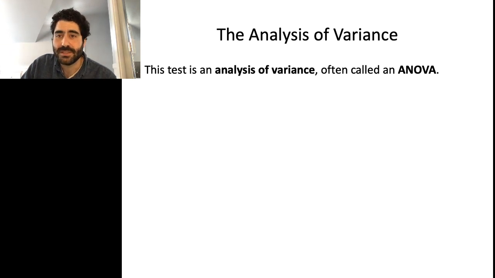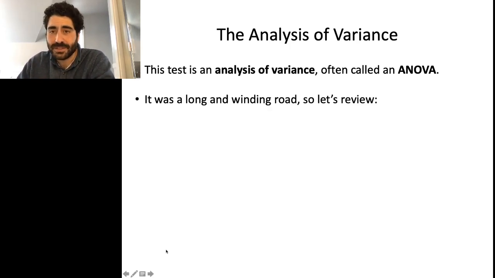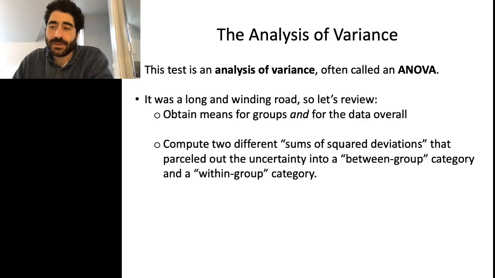So just to summarize what we're doing here with these ANOVAs. The way we conduct ANOVA is first we figure out the mean overall for the data as well as the means inside each group. Then we compute the within group and between group sums of squares.